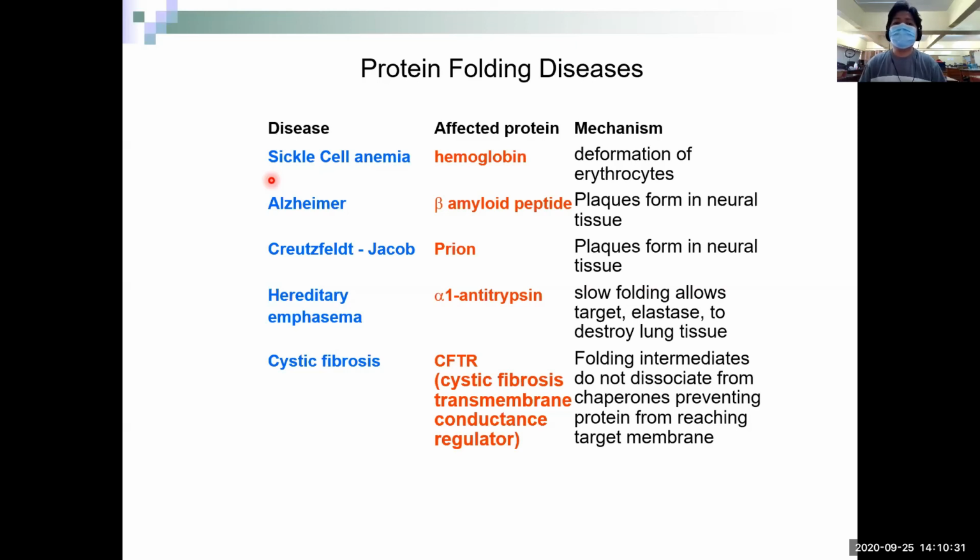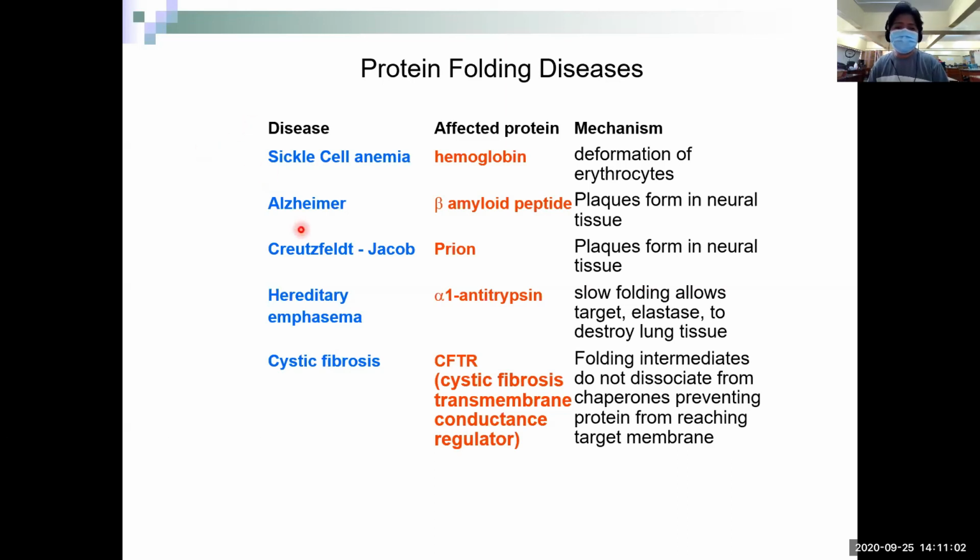And this disease was caused by the deformation of hemoglobin, which is present sa atong red blood cells. So if that hemoglobin, a protein found in our red blood cells, is deformed, it can also cause the deformation of our red blood cells. And with that, it can cause sickle cell anemia. So those are some examples.